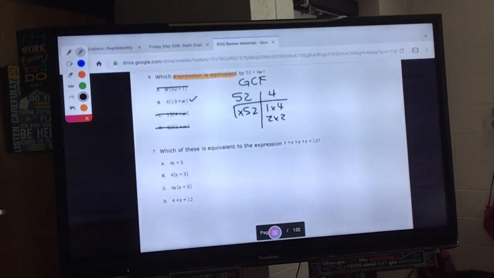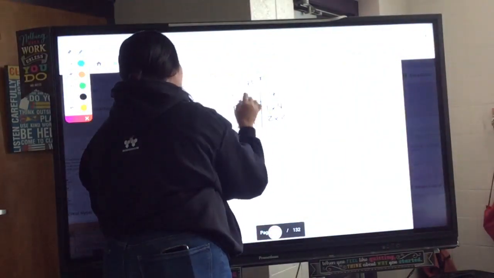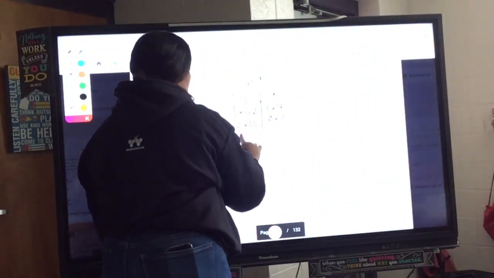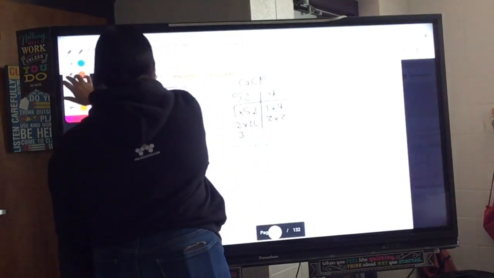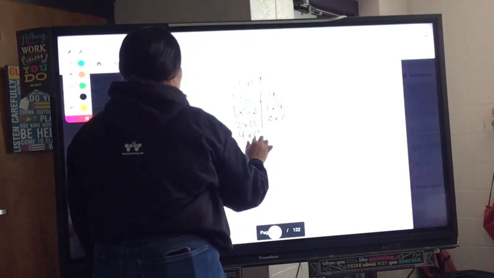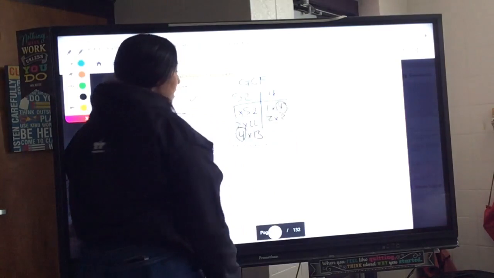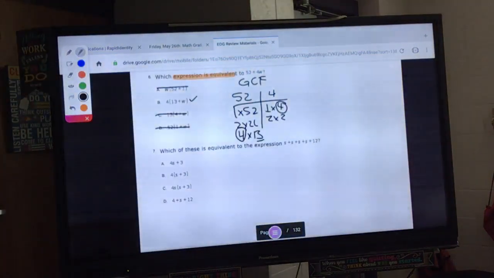Yeah, 26. 2 times 26. 3 doesn't work, so 4 times 13. All right, so 4 is our GCF, and 1 and 13 go on the inside. Distributive property is probably going to be the hardest thing. We're just being honest with you.